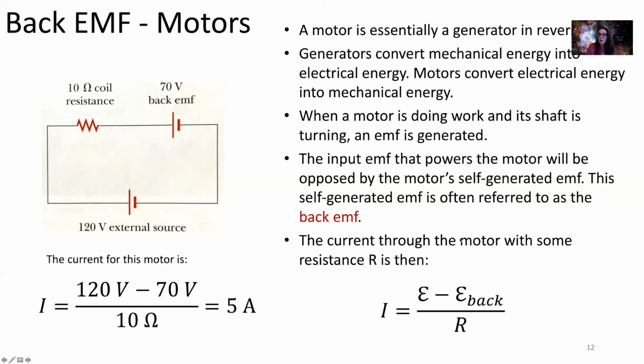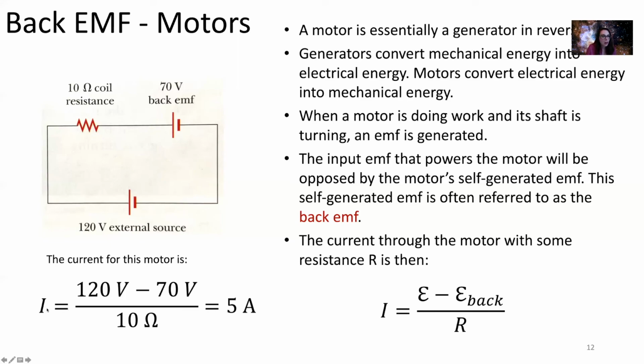So the current through the motor with some resistance, we can get from Ohm's law. The current is equal to the EMF over the resistance, but this EMF is going to be the EMF supplied minus the back EMF of the motor itself, divided by its resistance.